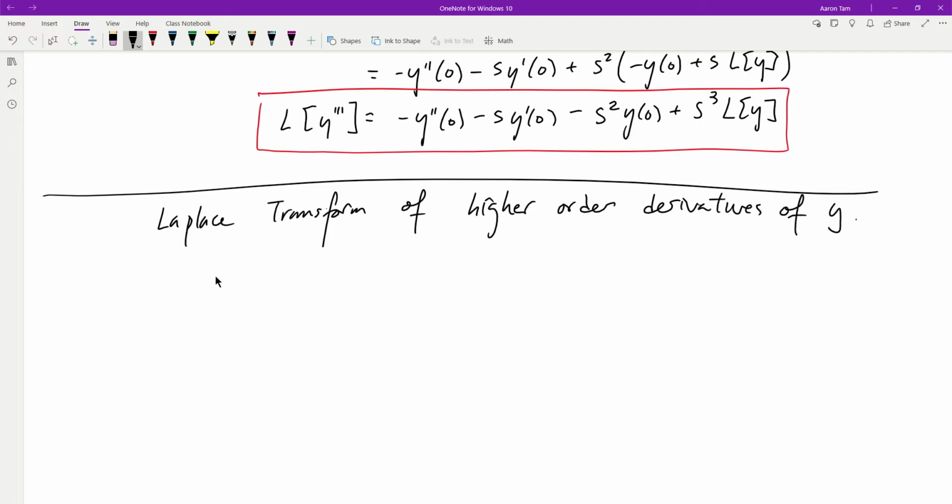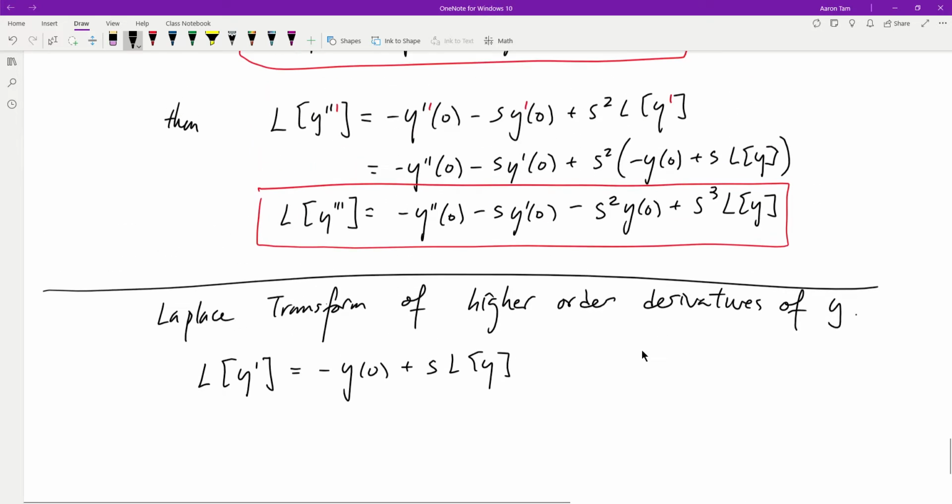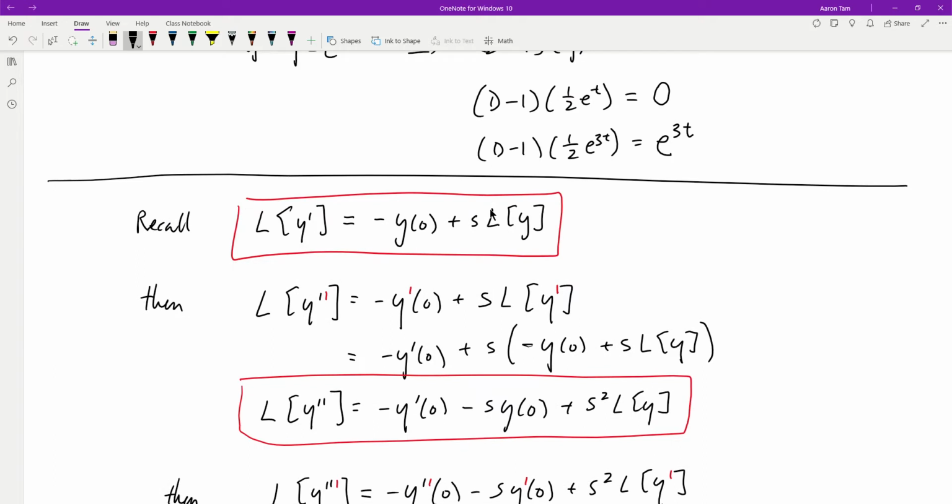So we start with the first one, which is Laplace transform of y prime. And we know that's equal to negative y of 0 plus s Laplace transform of y. So that will be this formula that we box in right there.